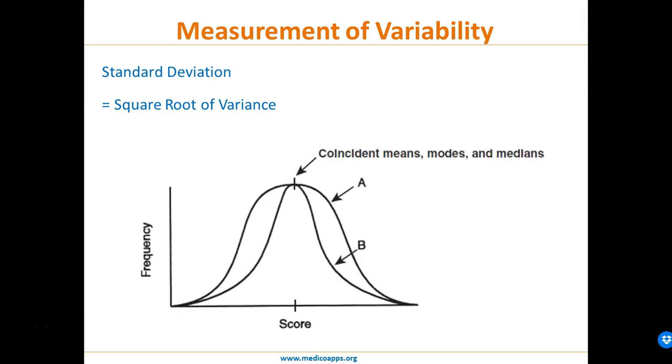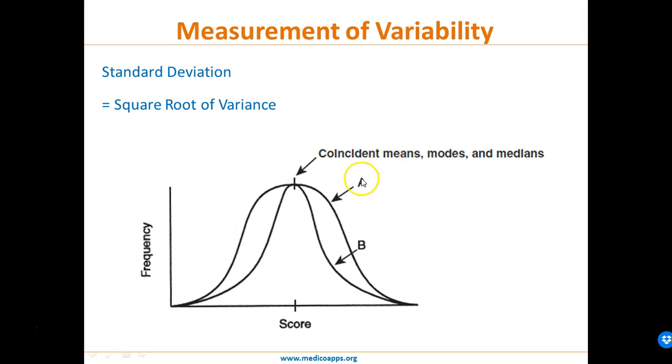Now what does this mean? For understanding variability, consider these two curves. If we analyze central tendency, that is mean, median and mode, for our example both will have the same mean, median and mode. But in the first graph, which is B, the values are more clustered together, so the variation is less.